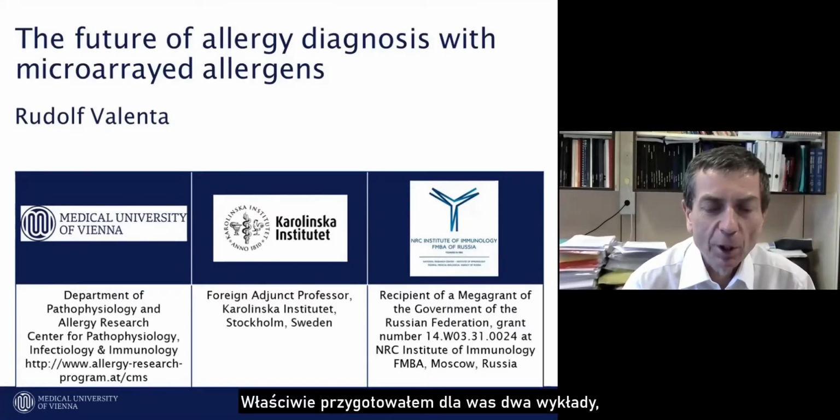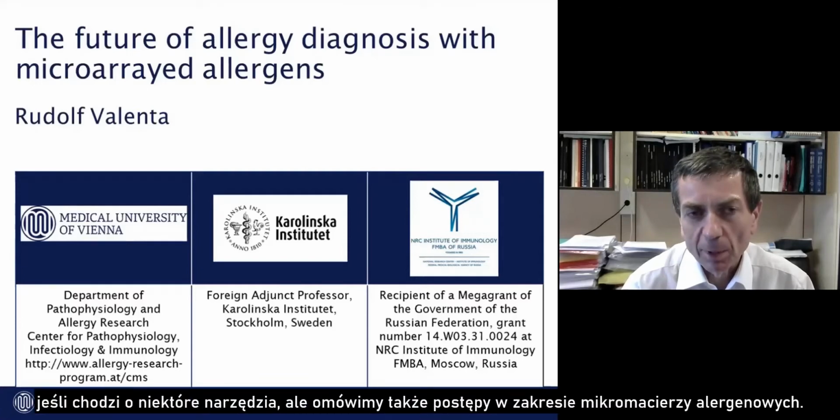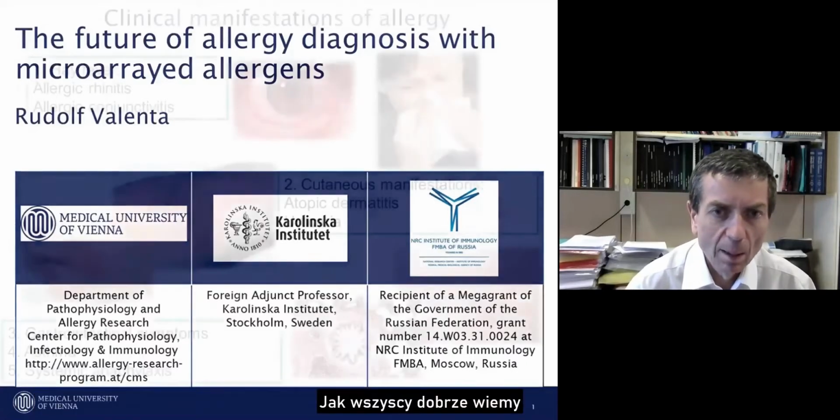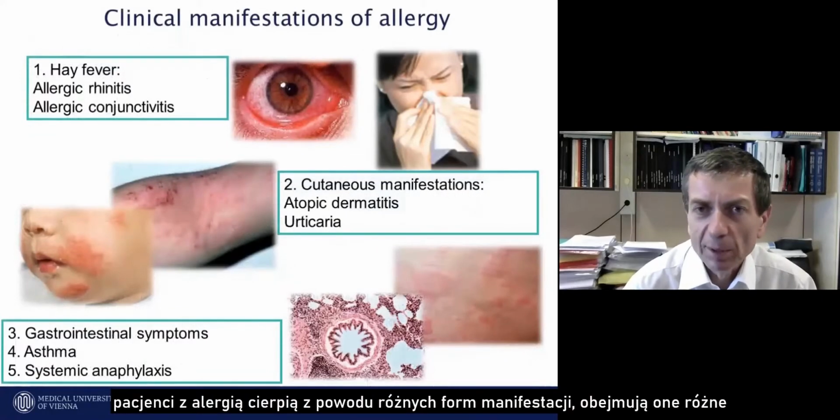I have actually brought two lectures for you, and the one will give you an update on allergy diagnostics and in particular on some utilities but also advances regarding microarrayed allergens. Now, as we all know, allergic patients suffer from different manifestations.